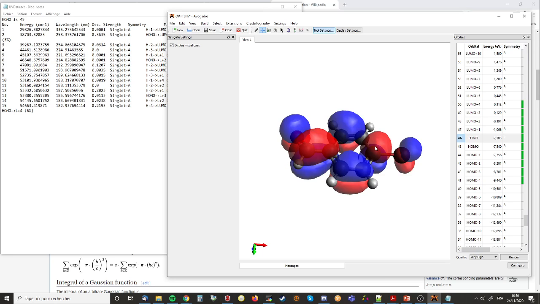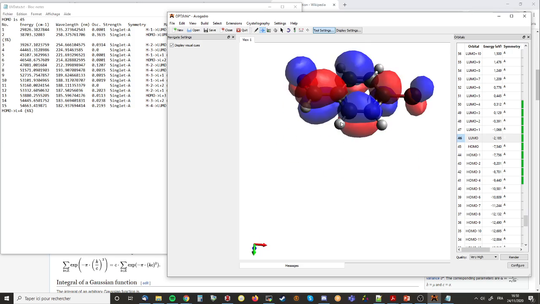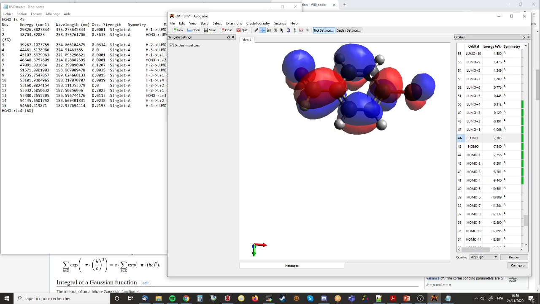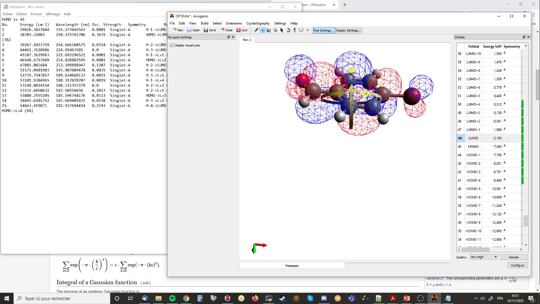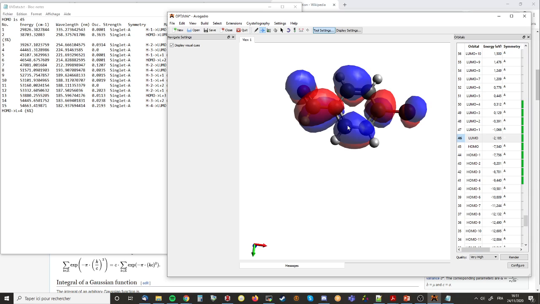We have above green, red, blue versus blue, red. That means that between this carbon and this carbon, it's anti-bonding. Here, between the two here and the two here, we have blue and blue, and they overlap. So here we have a bonding interaction between the two carbons. Here we have anti-bonding, anti-bonding, bonding, anti-bonding.